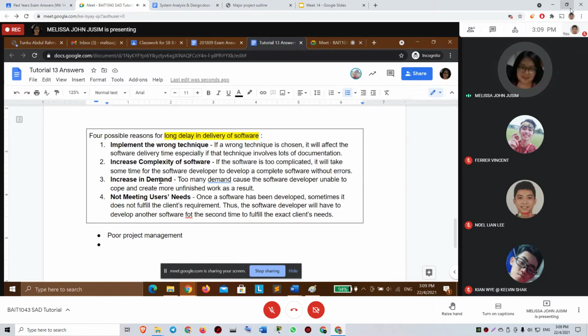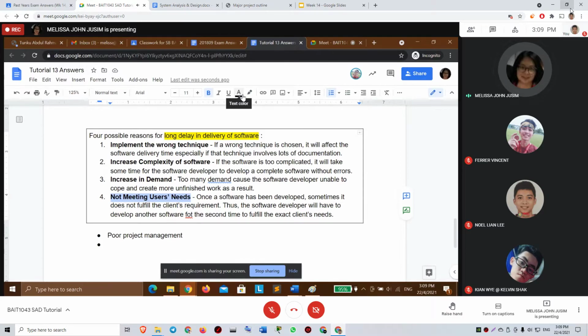Increase in demand is not in the context because we're talking about that particular software only, not the other projects done by the same software developer. Okay, this one I accept, not meeting user needs.